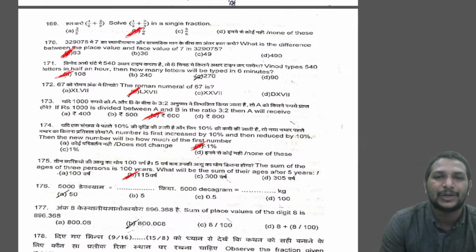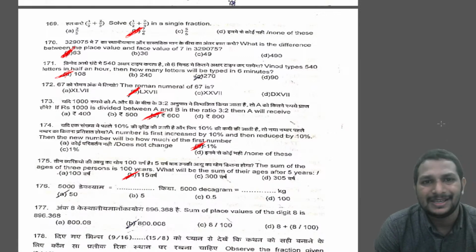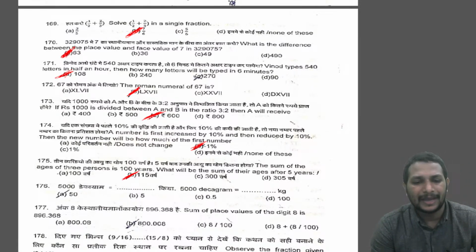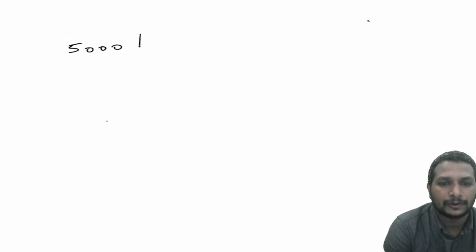Okay. Next, question number 176. 500 decagram equals how many kilograms? Decagram has a short form, dag, also, right? They're asking to convert decagram to kilograms. Let's see the conversion. 5000 decagram, right?